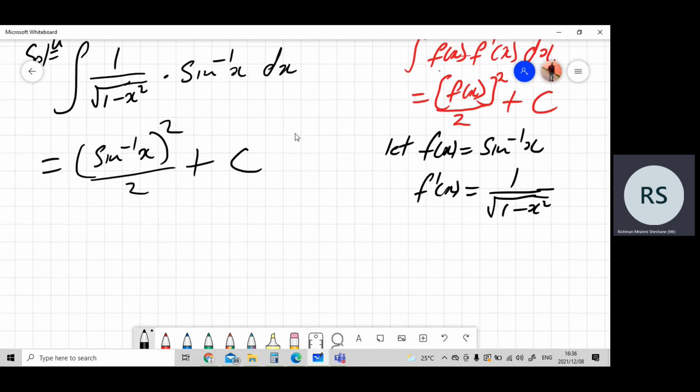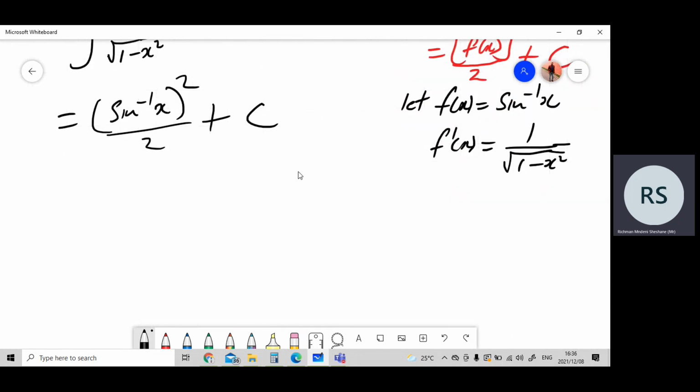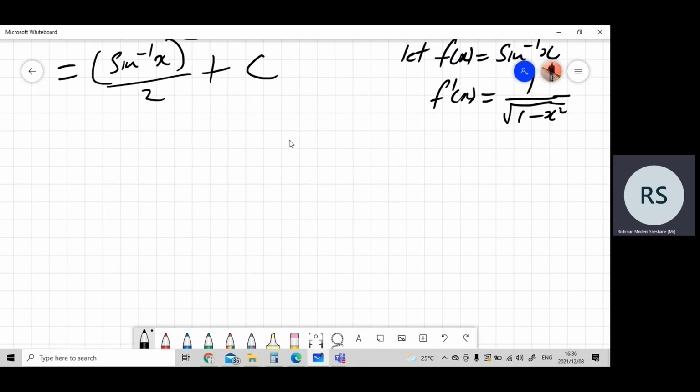Okay, so now let's go to integration by completing the square.